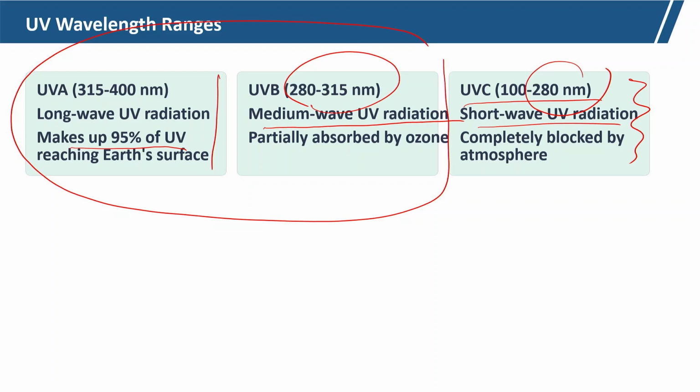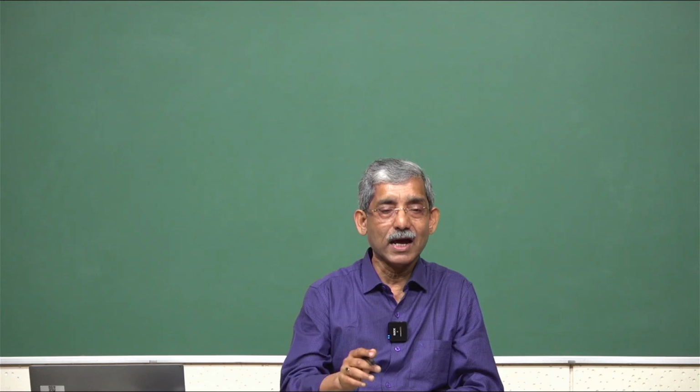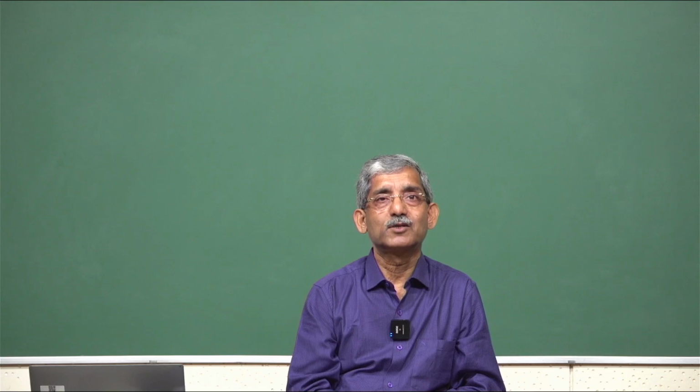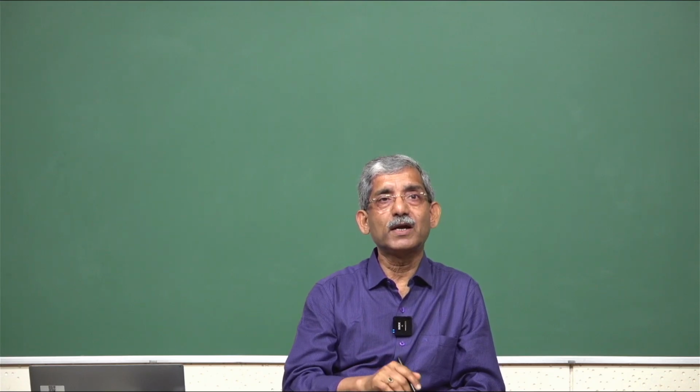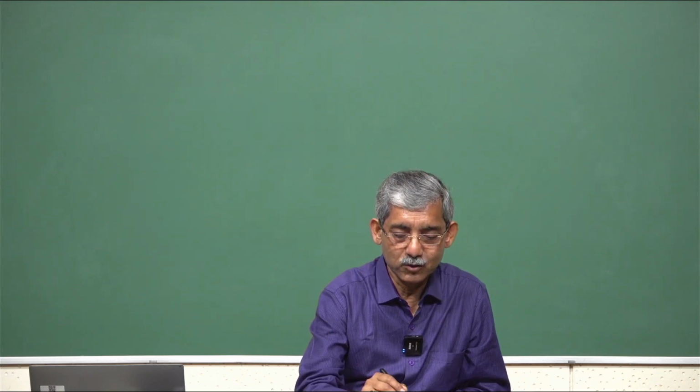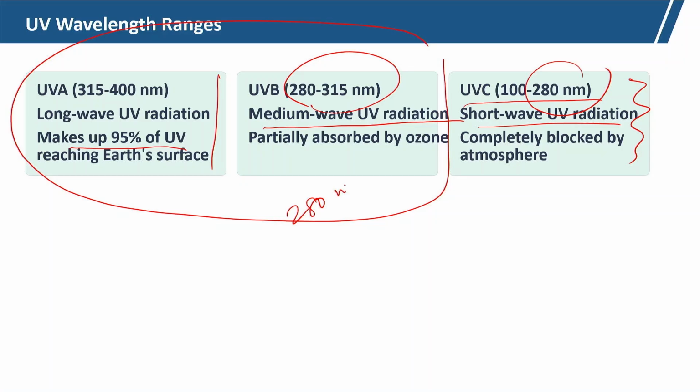For all the UPF testing, we consider UVB and UVA, that is from 280 nanometers to 400 nanometers, which includes UVB and UVA.